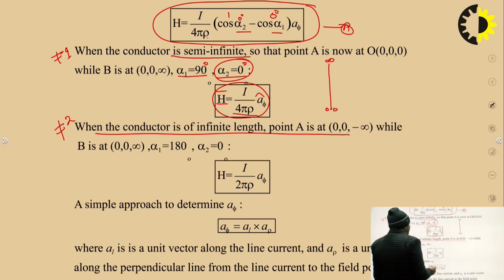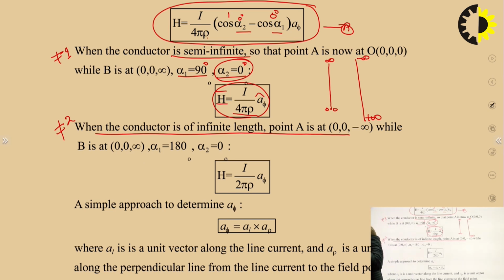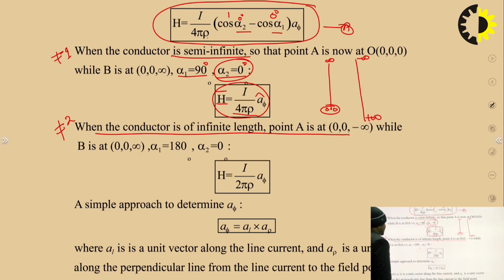If we take an infinite length conductor, that means the total length is defined from minus infinity to plus infinity. So you remember, semi-infinite means one side is infinite and one side starts at the origin. And in the infinite case, if your conductor is of infinite length, that means your length is defined from minus infinity to plus infinity.